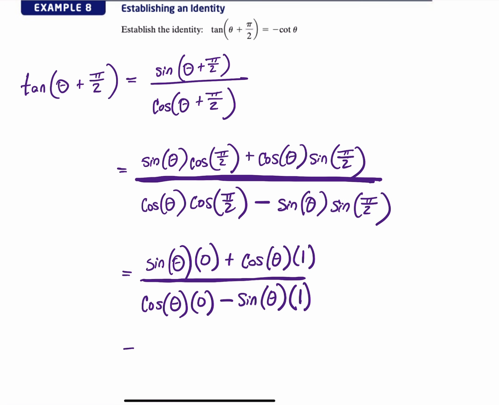So this becomes, the first term will be 0, so 0 plus cosine. We get positive cosine in the numerator. And then on the bottom, we'll have 0 minus sine. So cosine over negative sine of theta, which cosine over sine is cotangent, and we have that negative, so negative cotangent.